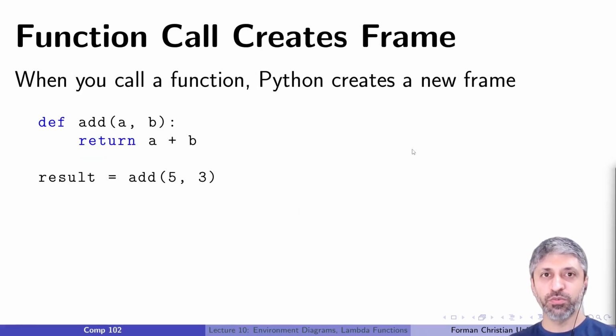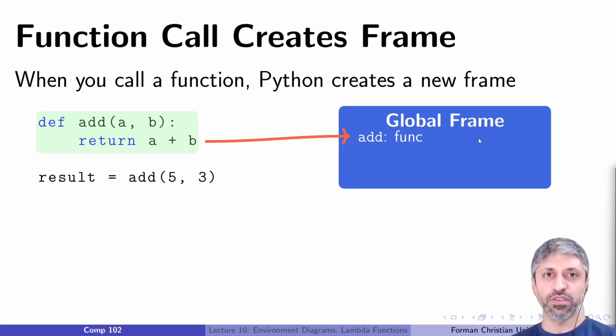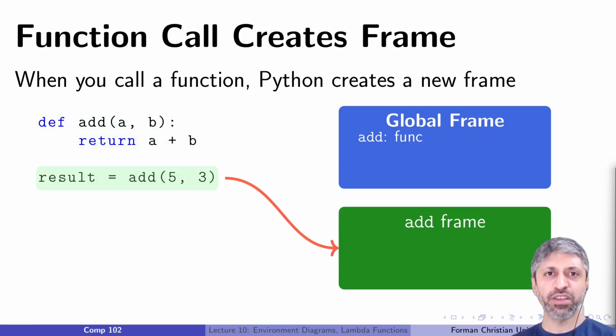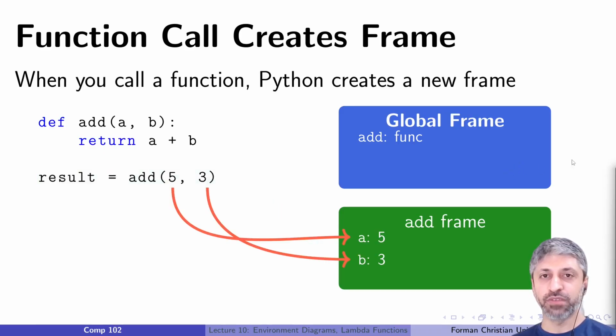Now here's where it gets interesting. We are actually calling the function. When Python sees add(5, 3), it creates a brand new frame called the add frame. Inside that frame, it binds the arguments: a gets the value 5 and b gets the value 3.